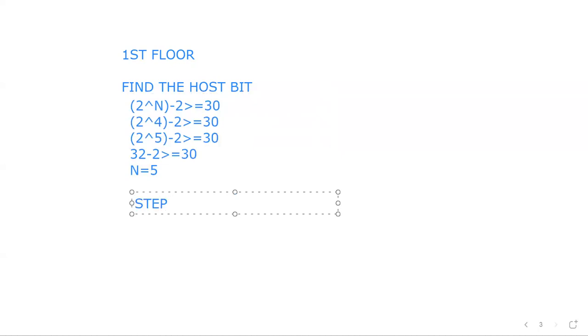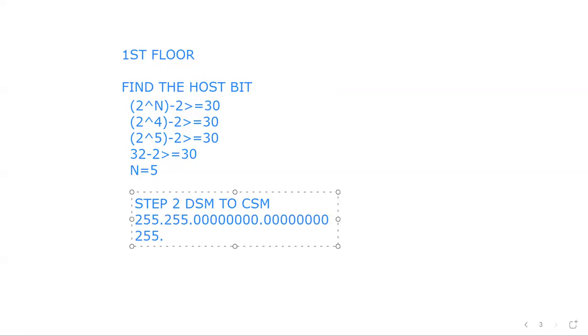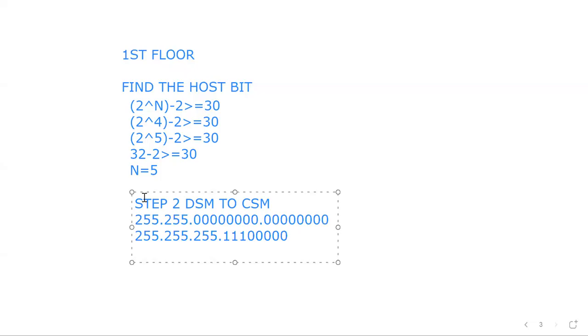Then step 2, DSM to CSM. Right? 255.255.255.224, with the host bits 5 in the last octet.